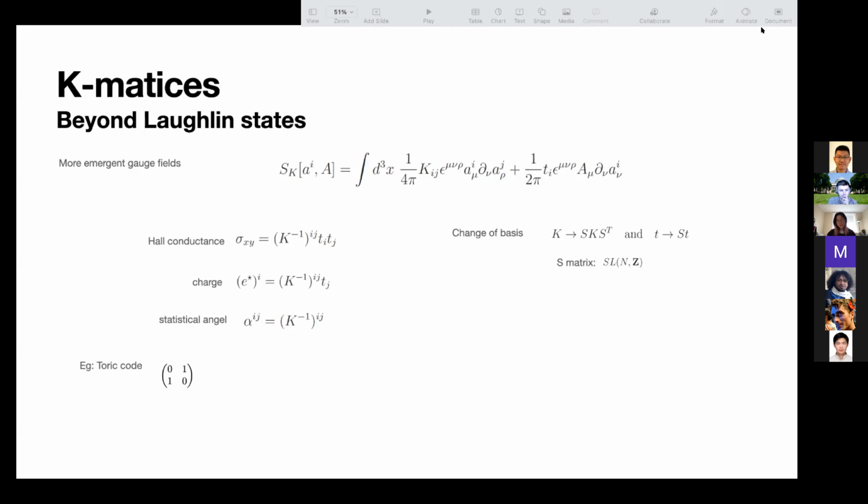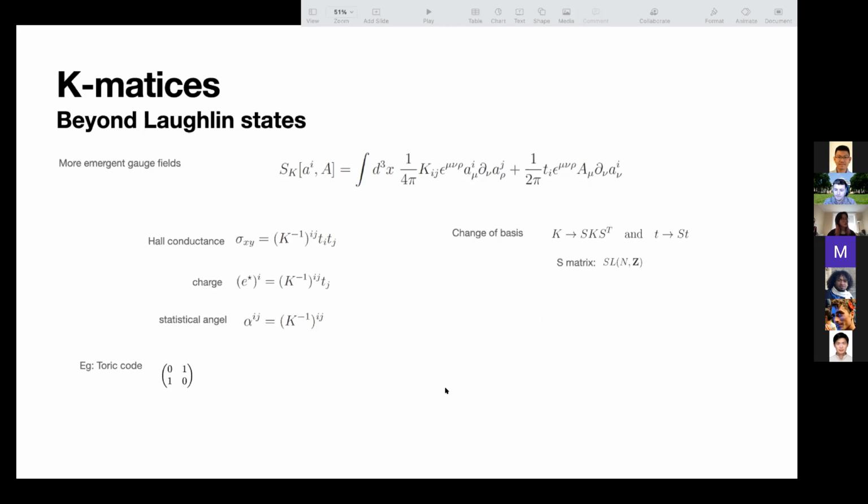But note that we also want to impose the Dirac quantization condition. So this equivalence relation is given by this S matrix, which is an element of SL(N, Z).